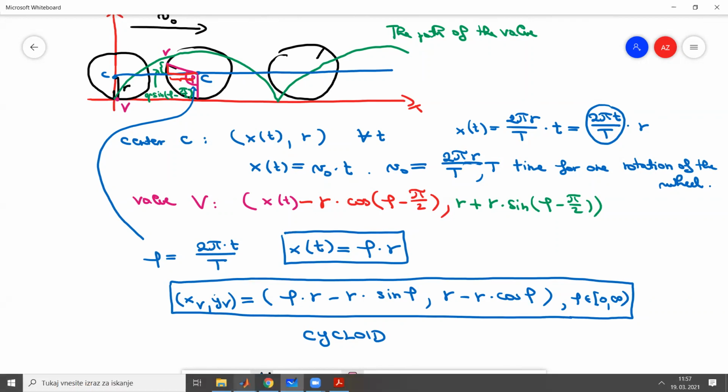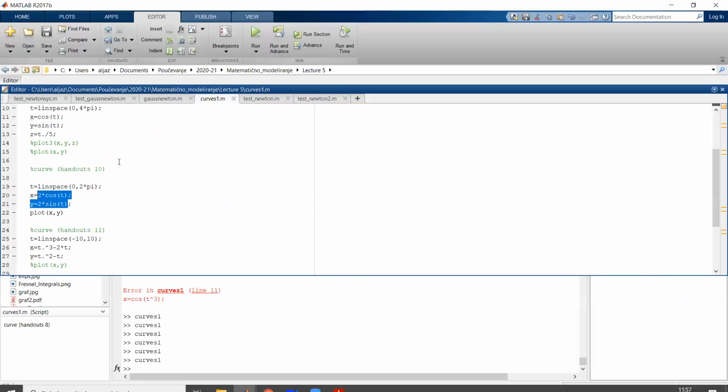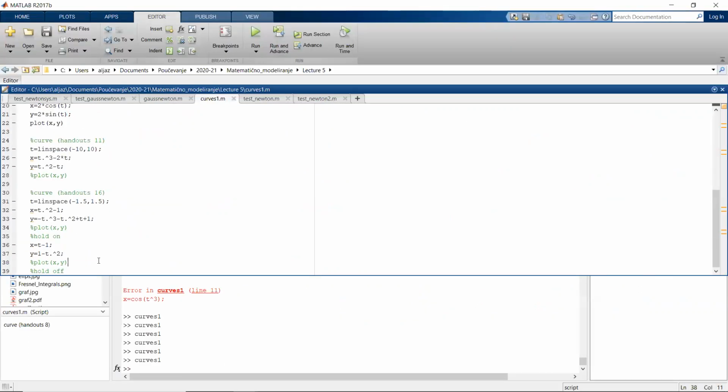Okay, let's try to plot this in MATLAB. So phi will be t. This is linspace, let's say, from 0 to 10. And then x is a times t minus a times sine t, where a is the radius of the wheel, which let's say is 1.